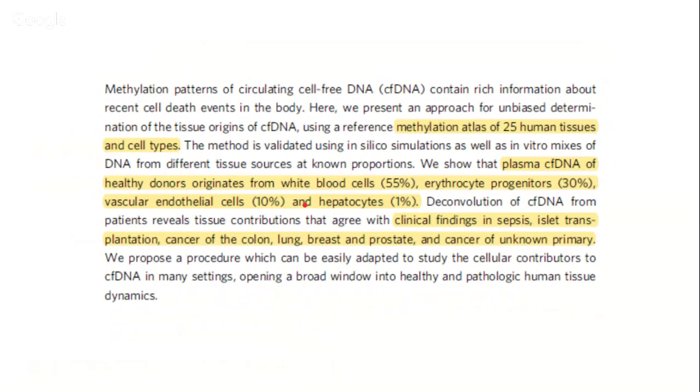So the cfDNA that we have in our bloodstream, outside of the cells, is 95% or 99% related to blood cells, white blood cells, erythrocyte progenitors, or the lining of our vessels, vascular endothelial cells.